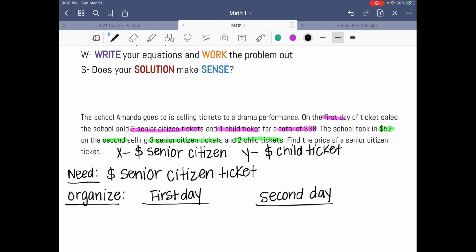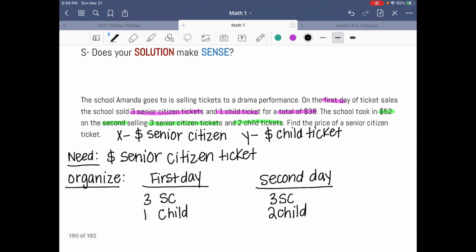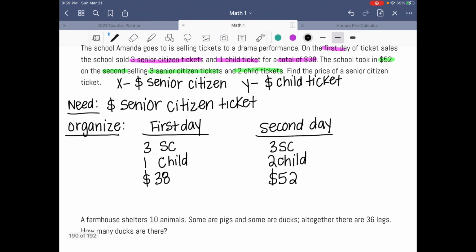So on the first day, we know that there was 3 senior citizens, there was 1 child, and we know on the second day, there was 3 senior citizens and 2 child tickets. And we also know that there was a total of $38 on the first day and a total of $52 on the second day.